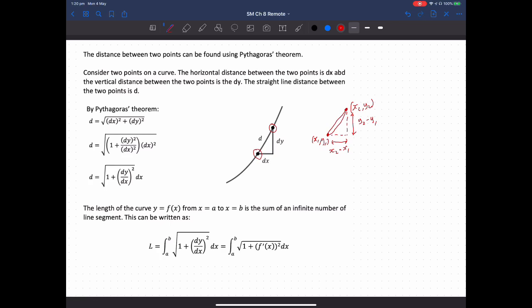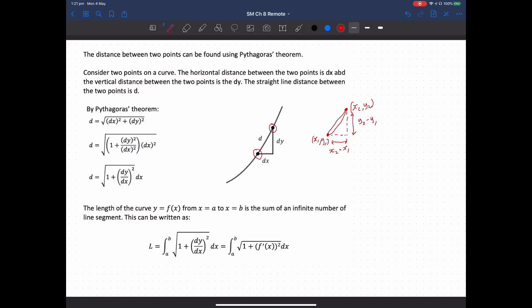The further those 2 points are away from each other, the greater the inaccuracy in our estimation of the distance between those 2 points. But the closer those 2 points are together, the closer our estimation will be, because our straight line will be very close to the curve.